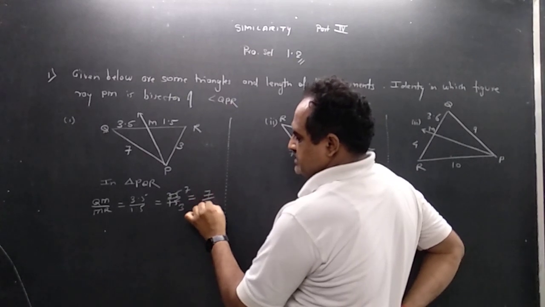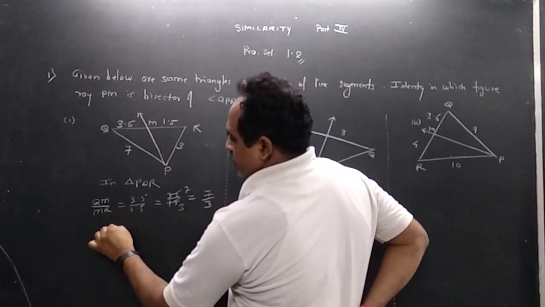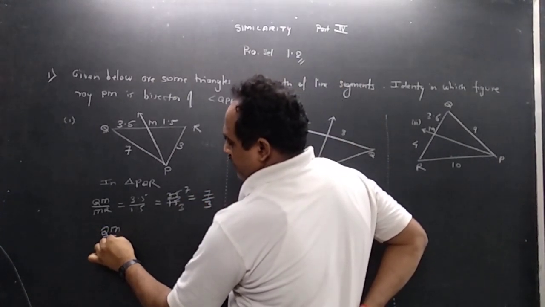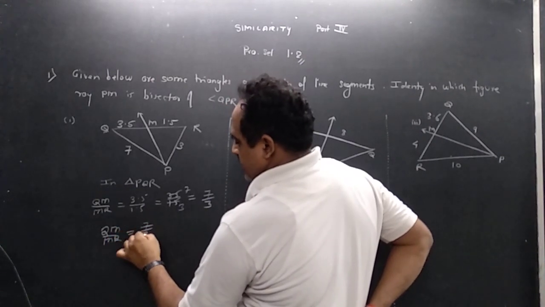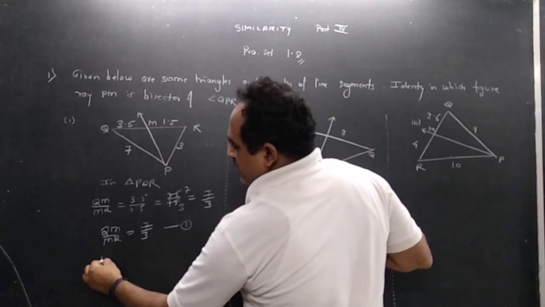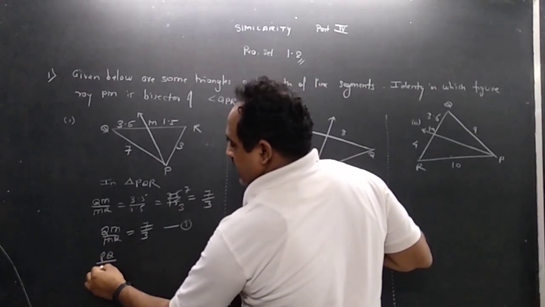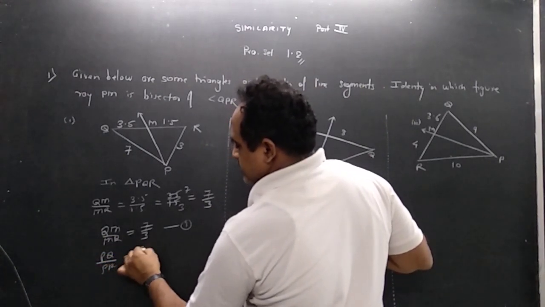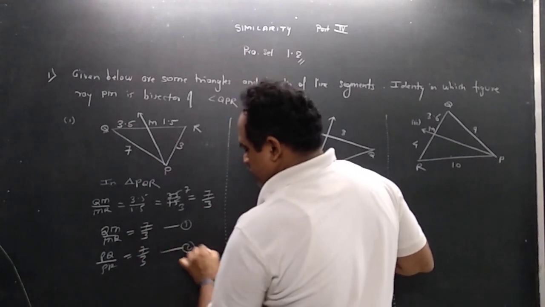The answer is 7 upon 3. So QM upon MR is equal to 7 upon 3, equation 1. And what is the value of PQ upon PR? It is already 7 upon 3, equation 2.